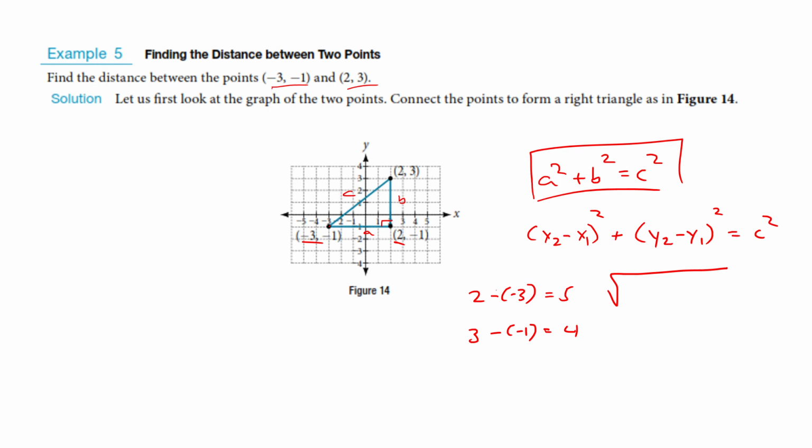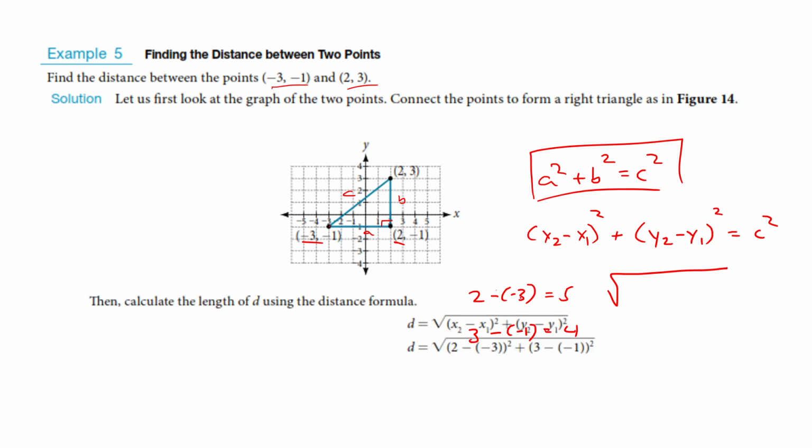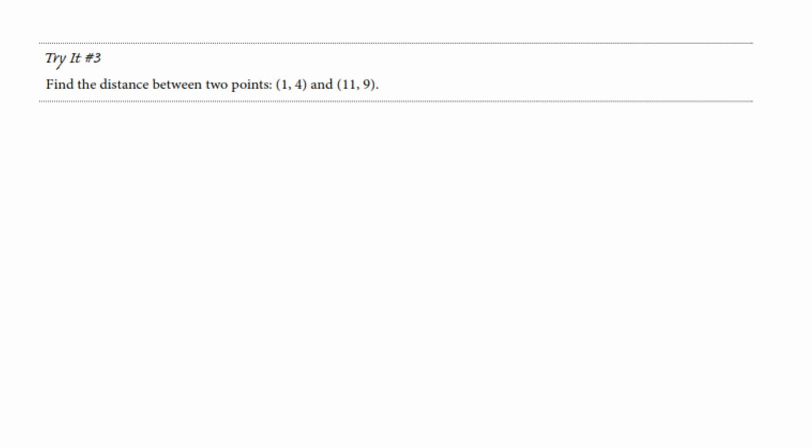Okay, so I did some of this already. We've got the points set up inside of here. We had 5 and 4, which I showed you above. Now we're going to square each of these, add them together, and take the square root. So we have the square root of 41, which doesn't have a precise root. So let's do one ourselves here.